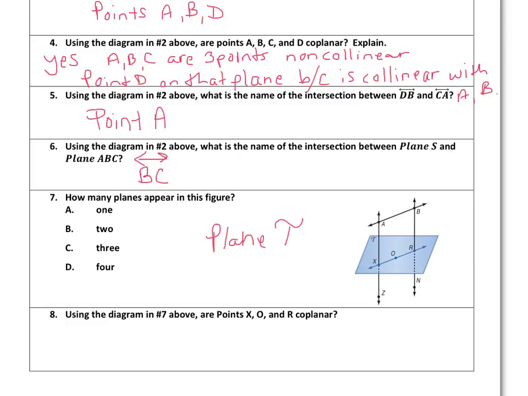So that would create one big plane that captures all of those points that are coplanar. So the answer in this case is 2 planes.